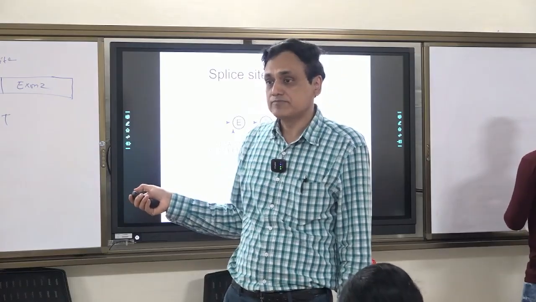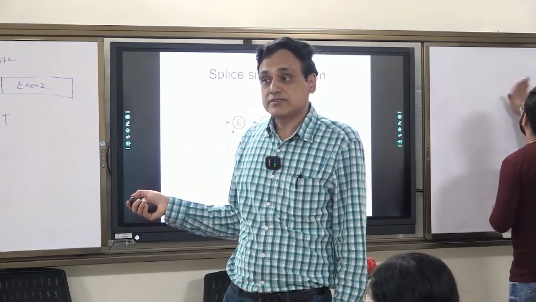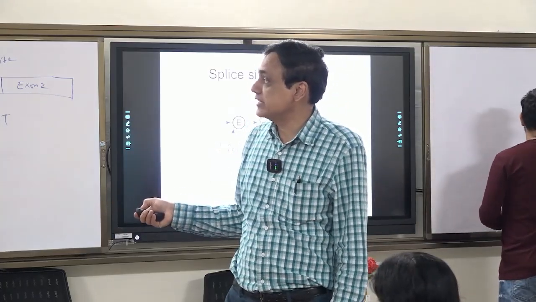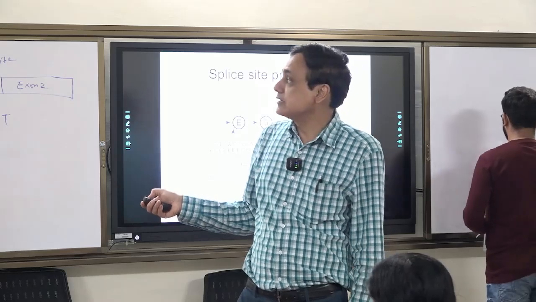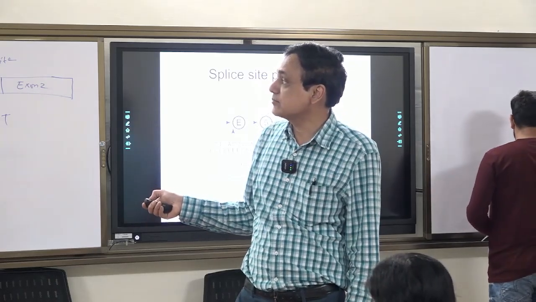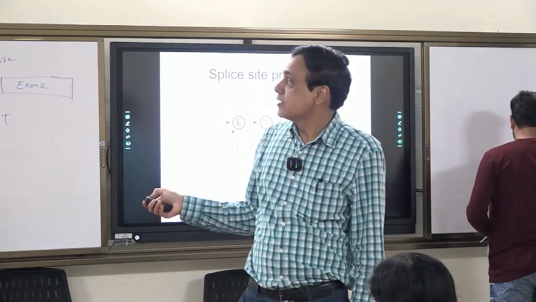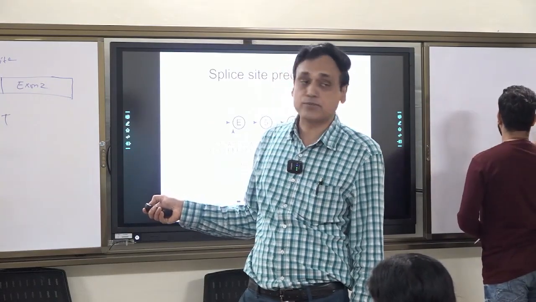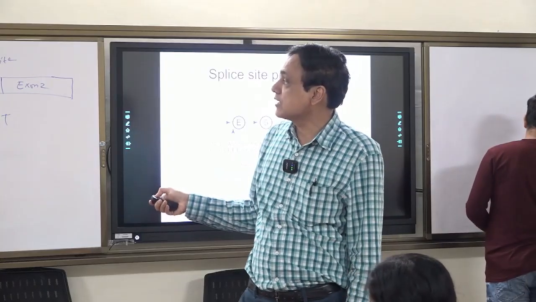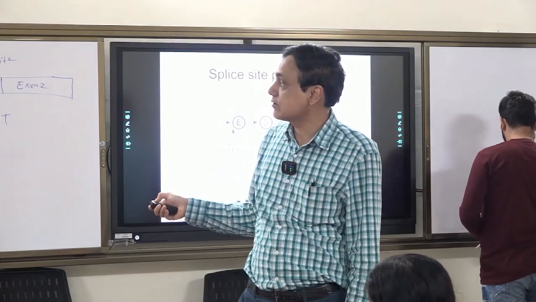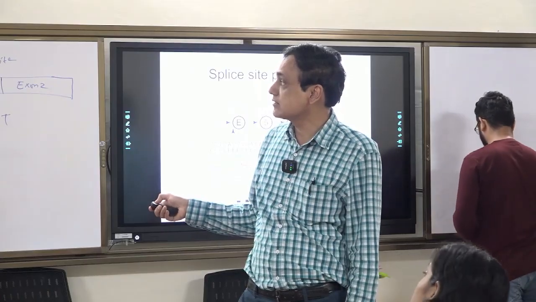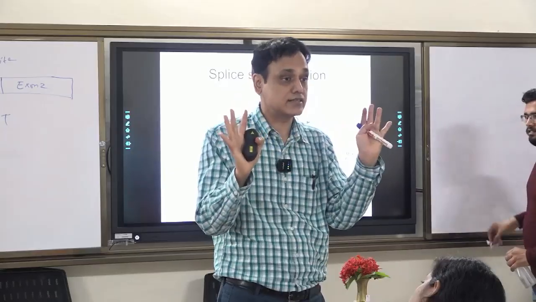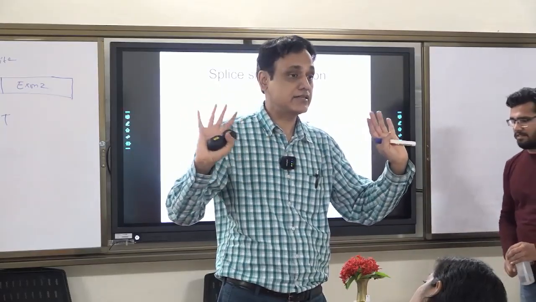You remember the model: the probabilities of transitioning between states. The probability of transitioning from E to E is 90%. From E to the 5' splice site is 10%. From 5' to the intron state is 100%, that is 1. From intron to intron is 90%, and transitioning to the end state is 10%. Forget about the start and end states, since they do not emit symbols.